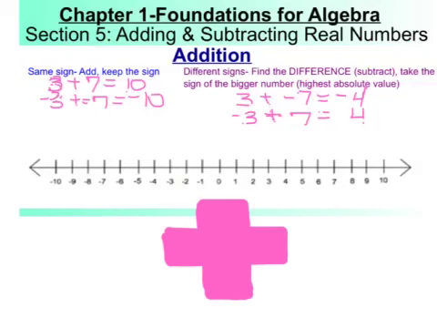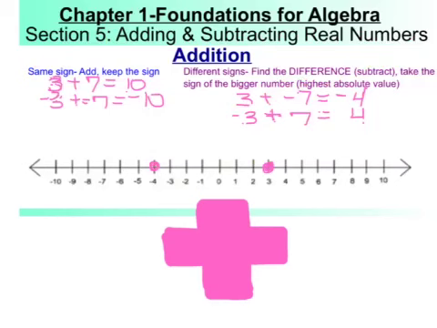Another way of looking at this would be if we had a number line. If we started with this first example here, if we started at positive 3 and we added negative 7, that means we'd be going back to the left 7 places, and that would land us at negative 4.